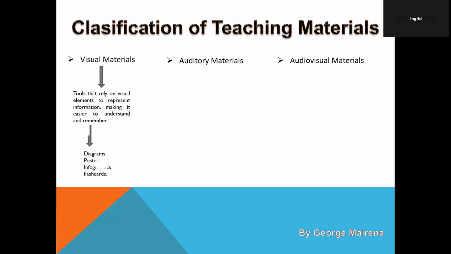Examples of visual materials are diagrams, mind maps, educational posters, infographics, flashcards. So they are visual materials, right? And they are so important because through this kind of material, we can represent information in a way that is much easier to understand and to retain in students' memory, right?